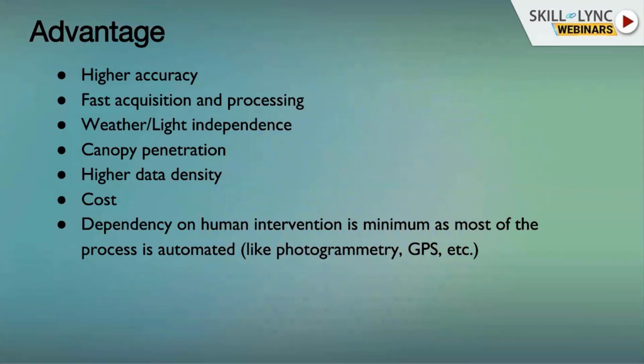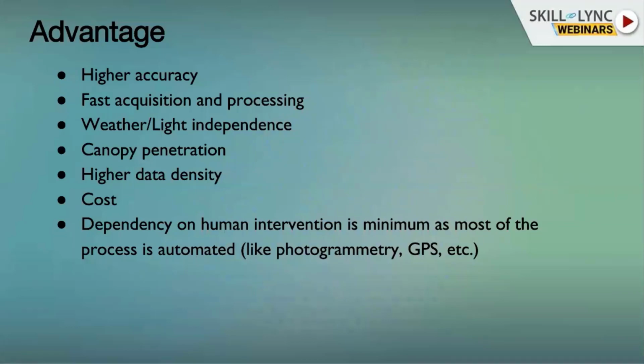Canopy penetration: it can go into the forest region from the top, like an aerial view, and if you are collecting data, it can go deep and get the information. High data density: as I told when comparing radar with LiDAR, because it has an array kind of transmitter and receiver system, it emits and receives a large number of point clouds, so it has very high data density.